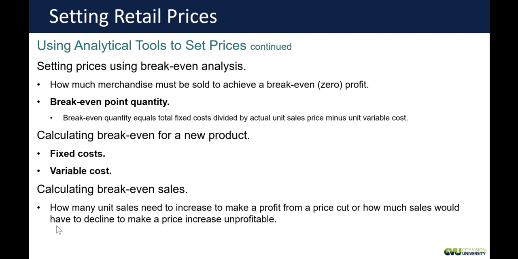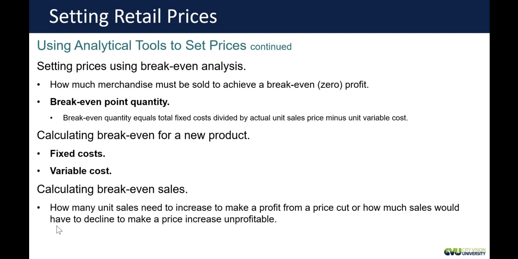Another way we could look at break even. We say, okay, how much merchandise should we sell to break even? So we calculate a break even point. That means we need to know what our fixed costs are. Fixed costs don't change. It doesn't matter how much we sell, they're always going to be the same. In retail, you're talking about your building, management salaries, utility costs, those kinds of things. Those costs never change.